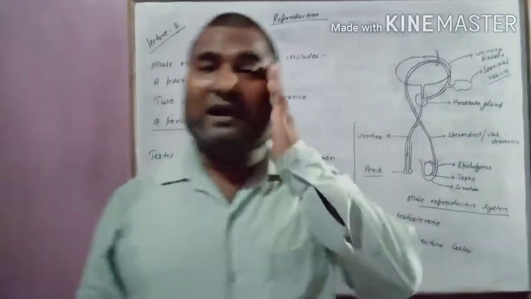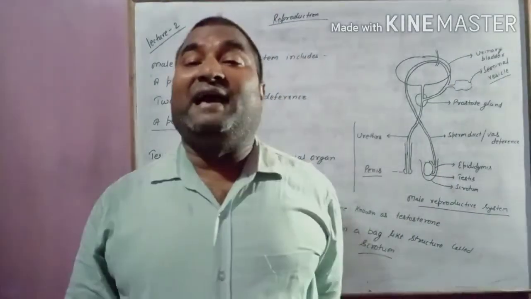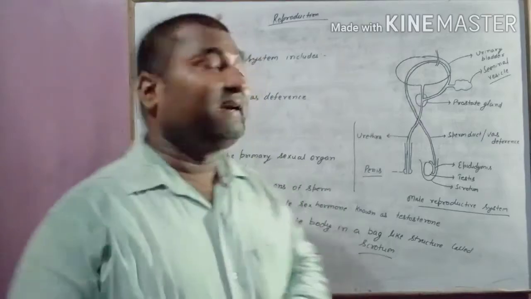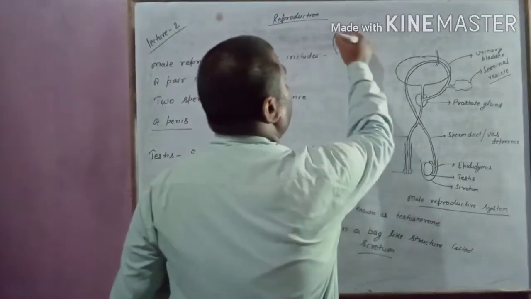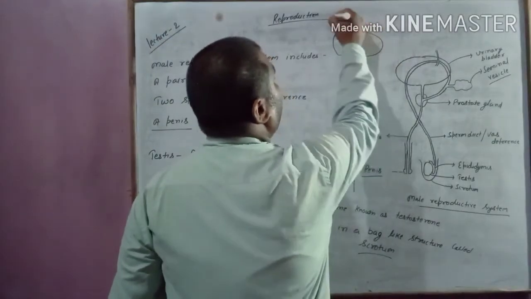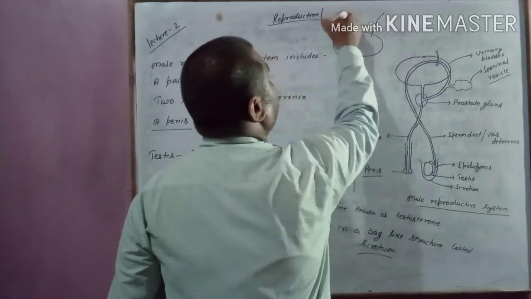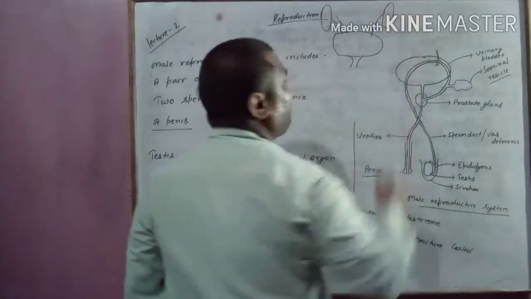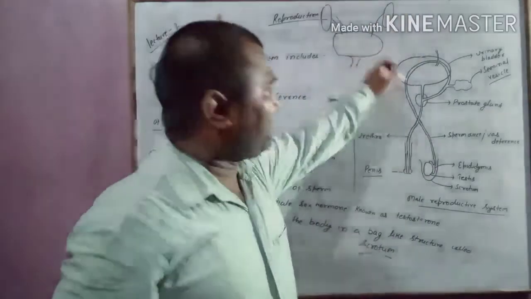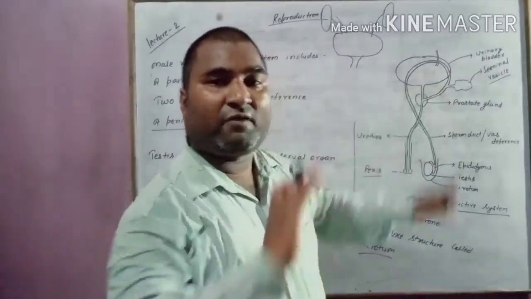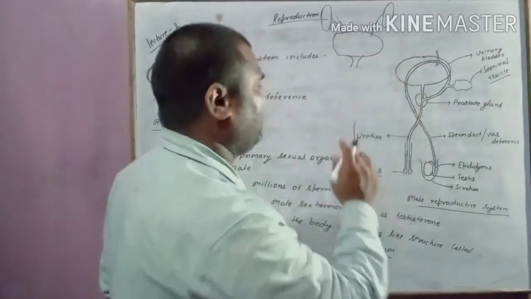You remember in junior class you have seen the excretory system. In the excretory system, you have seen this is the urinary bladder, this is the ureter, this is the urethra, and it is coming from the kidney, right? This is the urinary bladder. Same urinary bladder, but I have drawn it from the side.